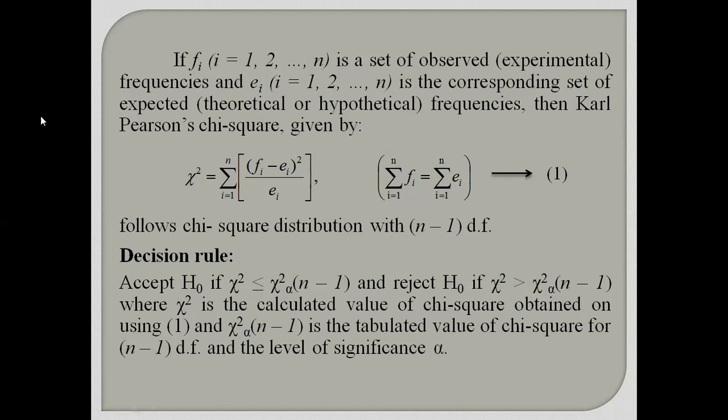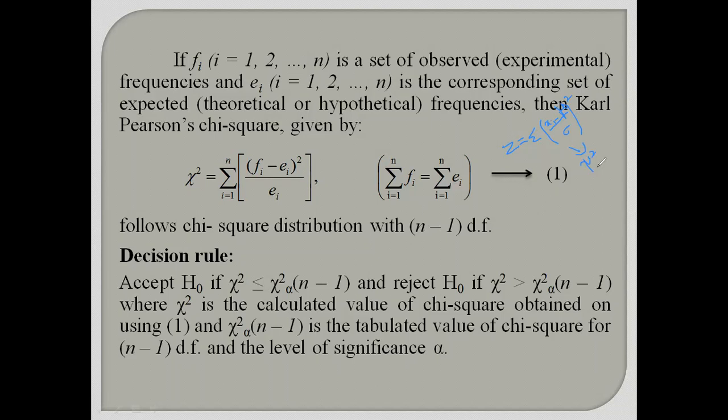The normal standard variate we know is equal to xi minus mu by sigma. If we take the square, then we can say this is the chi-square variate or chi-square distribution.